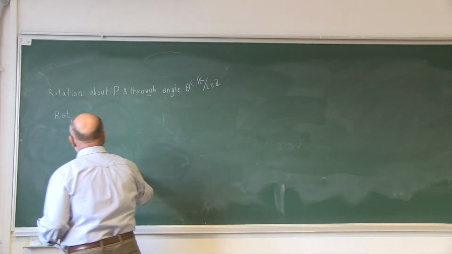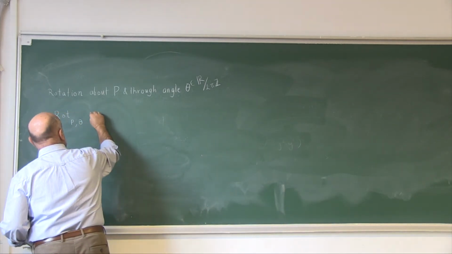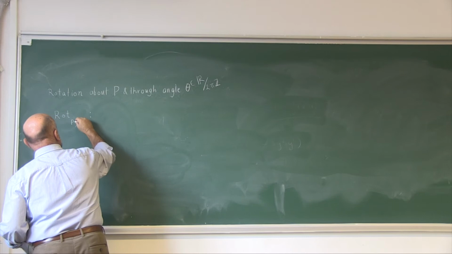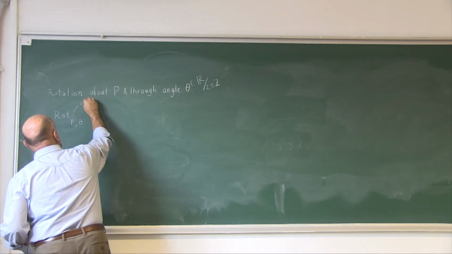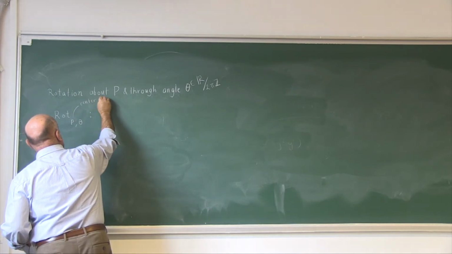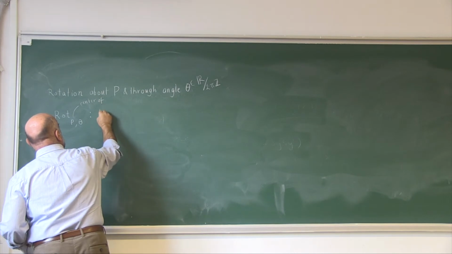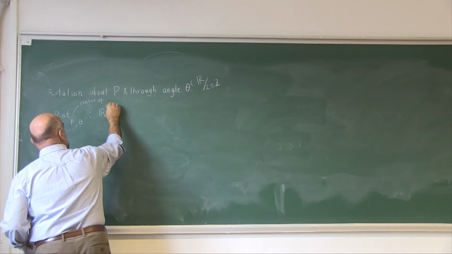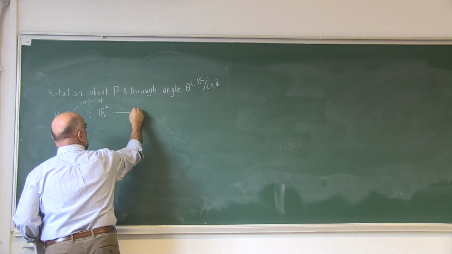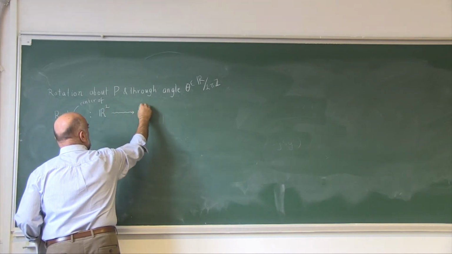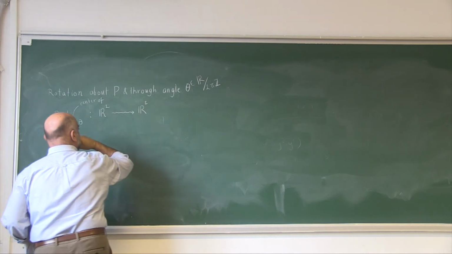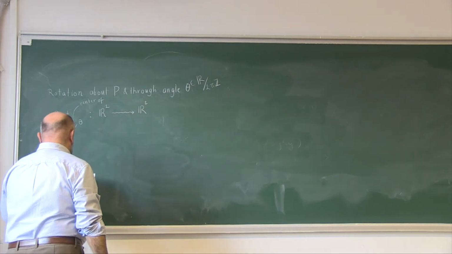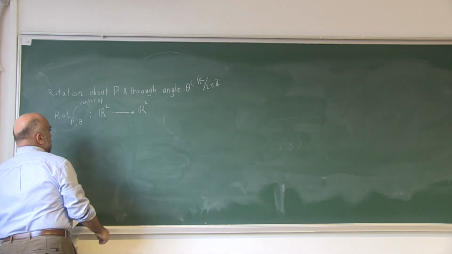Okay, so the rotation about the point P, so center of rotation, is a map. So let me make use once again of the vector space structure of R2.